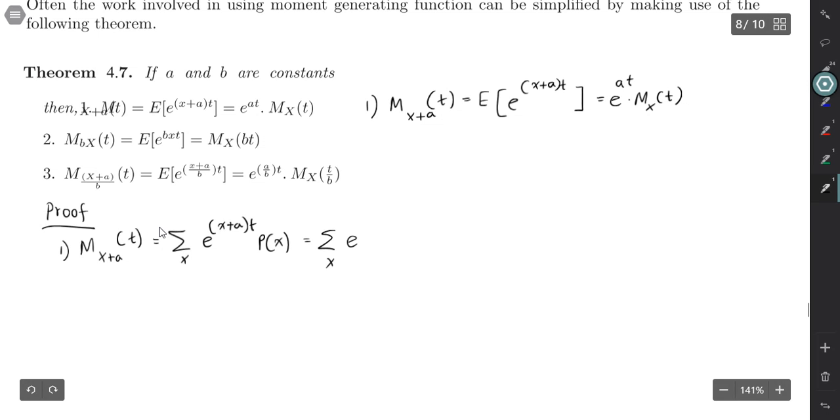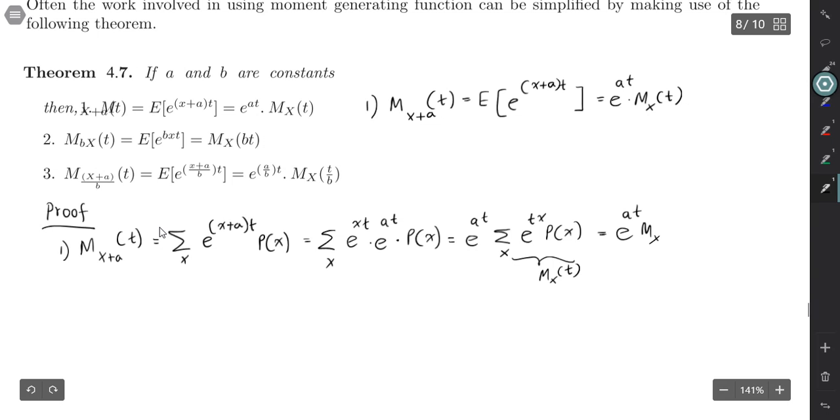So we split this: e to the xt and then e to the at times p(x). E to the at is independent of x, so you can take it outside the summation. So we have the sum of e to the tx p(x), and by definition, this is exactly the moment generating function of X, M_X(t). So you have e to the at times M_X(t). That is what we want to prove.